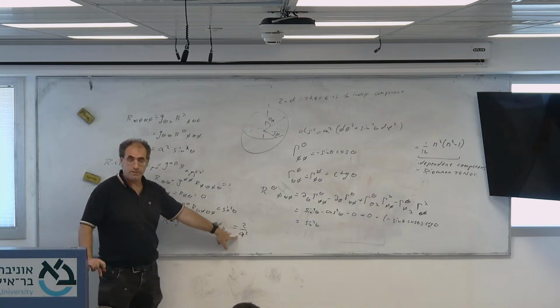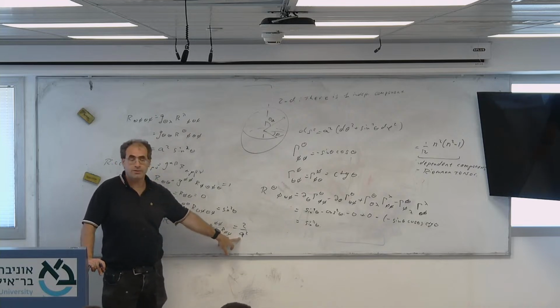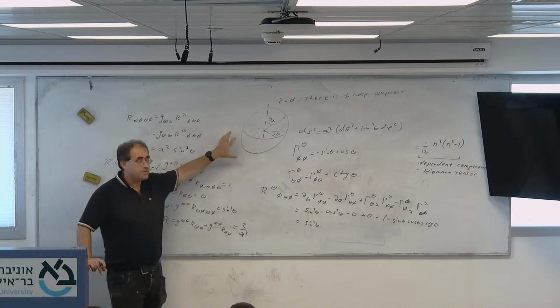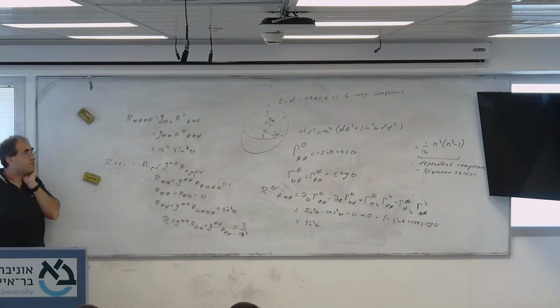It's constant, right? That may be related to the question of symmetry that I was asked earlier. It's independent of the location in the space, right? That's another way of saying that this is a maximally symmetric space.